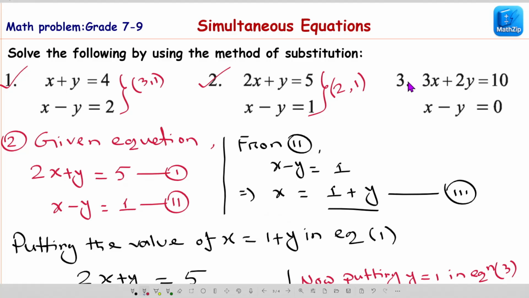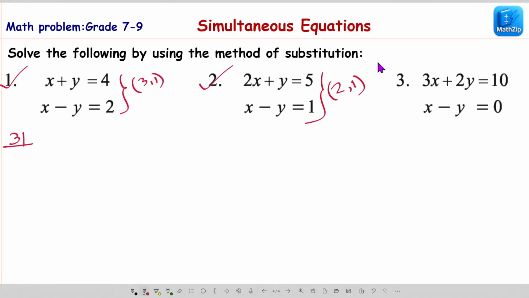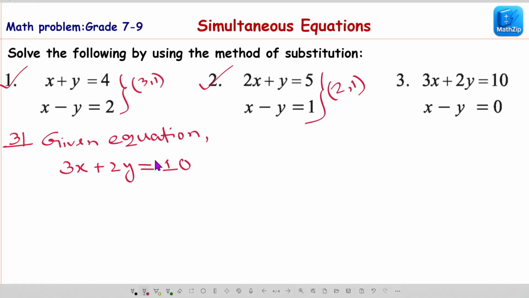Now today's video last part, which is number 3. Number 3, similar. Given equation: 3x plus 2y equals 10, which is equation 1, and x minus y equals 0, which is equation 2.